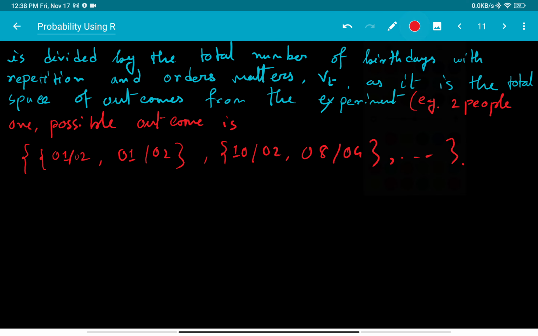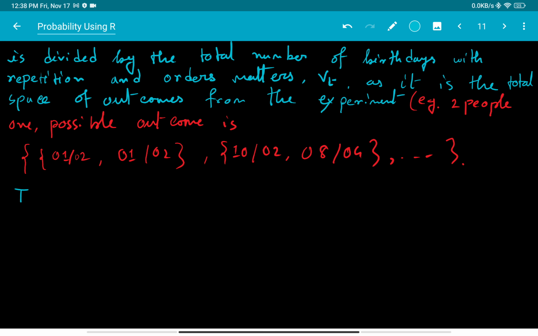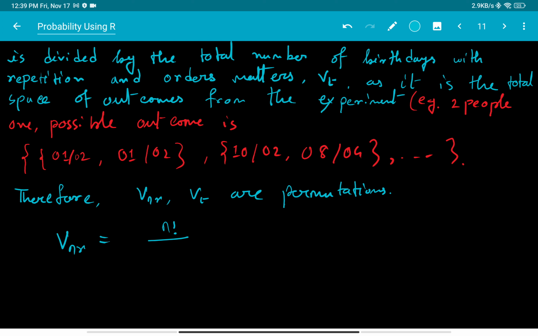So therefore, you see this VNR and this VT are permutations. So we can write this VNR as n factorial over n minus k factorial, which is 365 factorial over 365 minus 23 factorial.